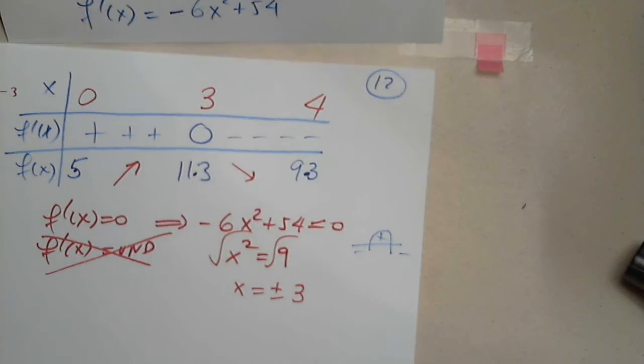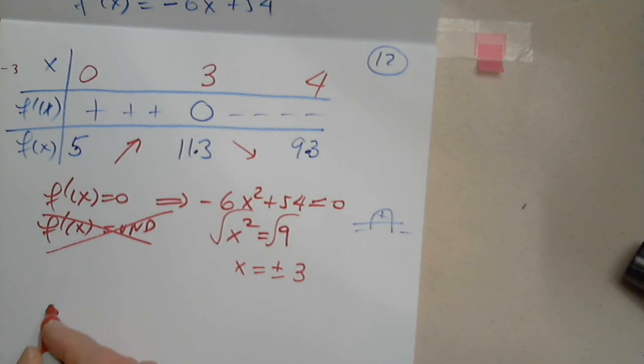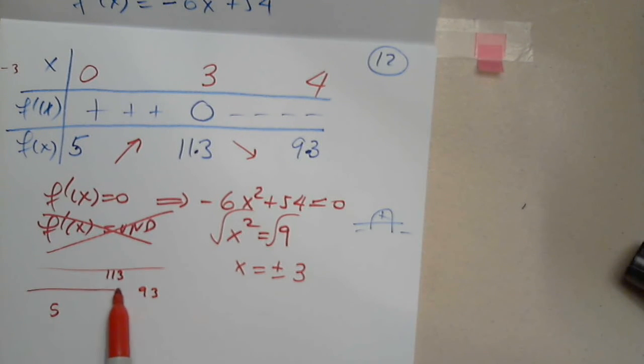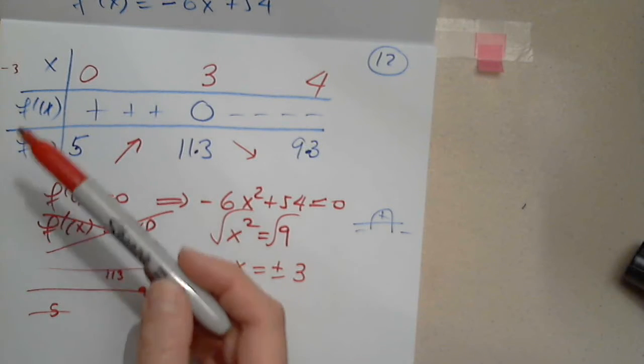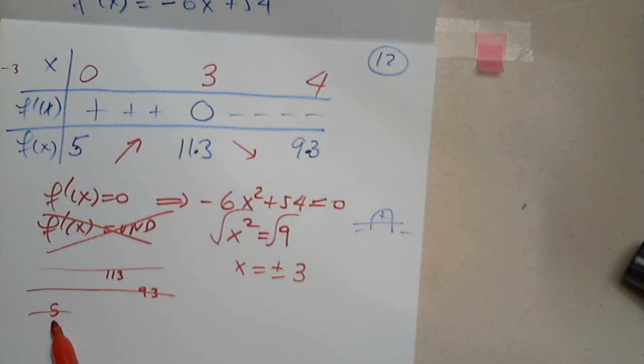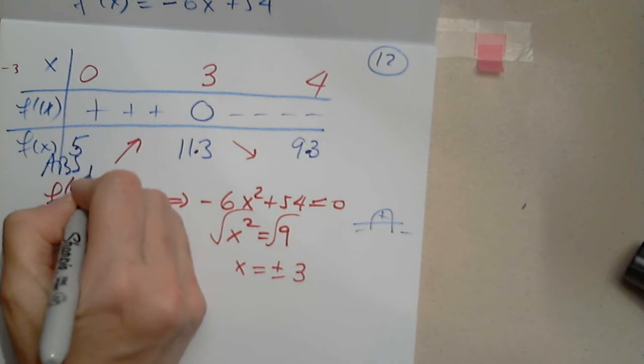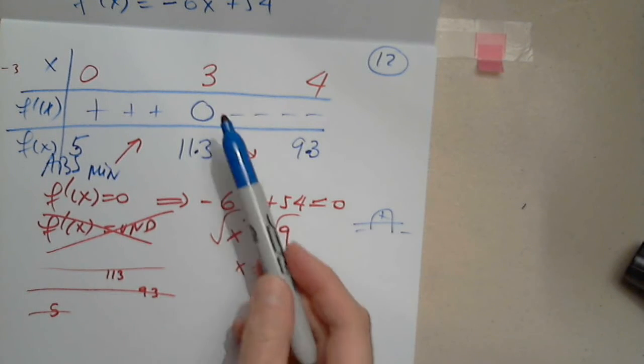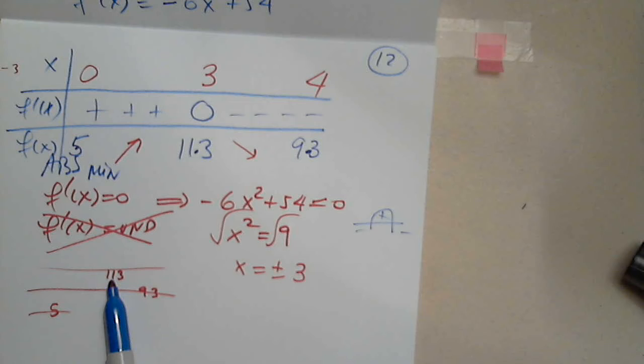Now, I picture this in my head. The 5 here, the 113 here, and the 93 here. So what does 0, 5 represent? Absolute minimum. Excellent. What does 3, 113 represent?